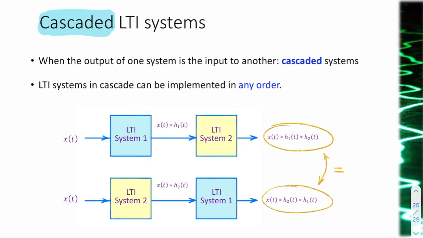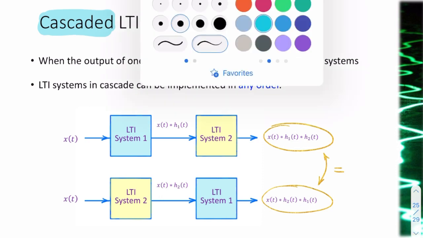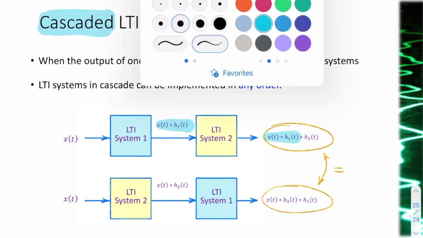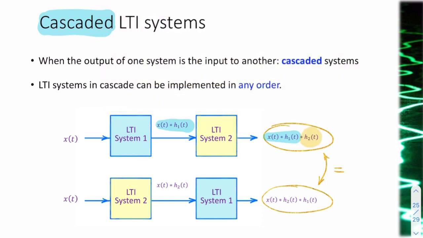So if the input is X, the output of the first system is the convolution of X and H1. Now, if that is fed as an input into the second system, the output will be the convolution of this input with the new impulse response, H2.